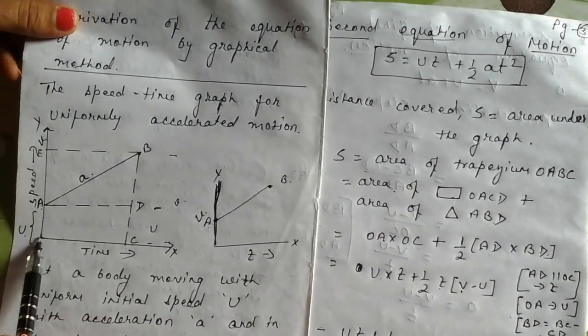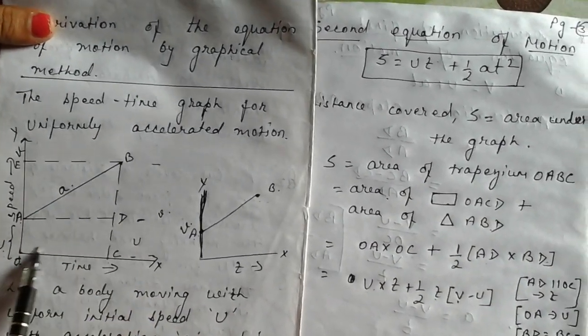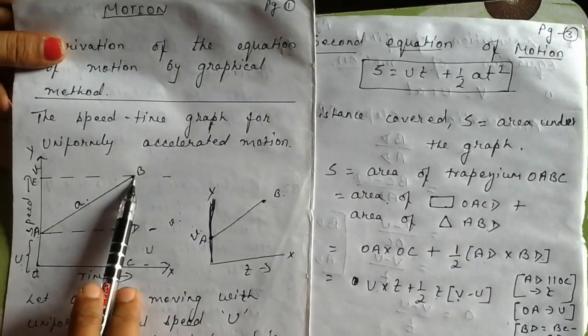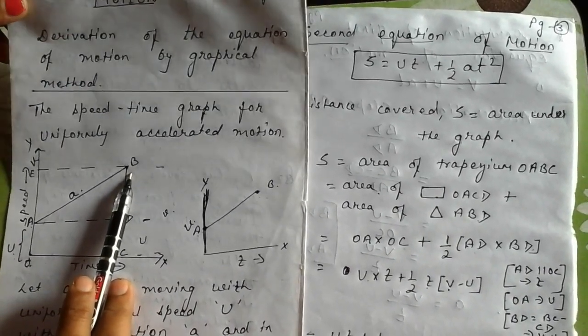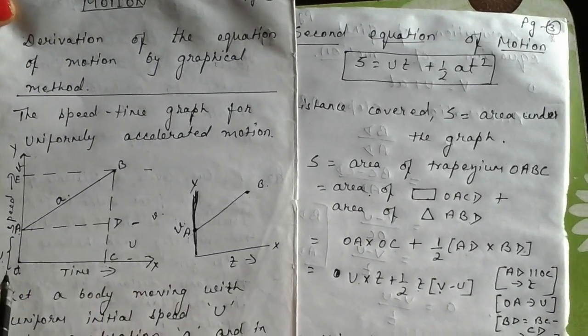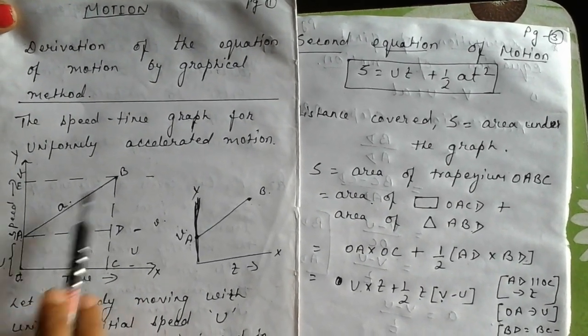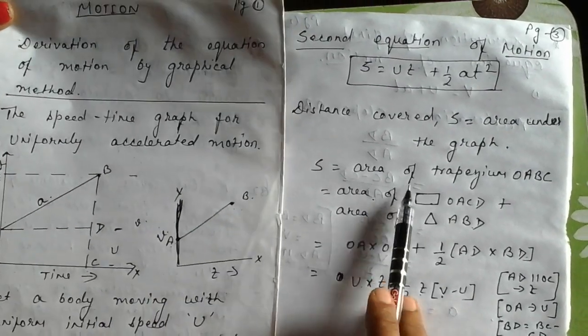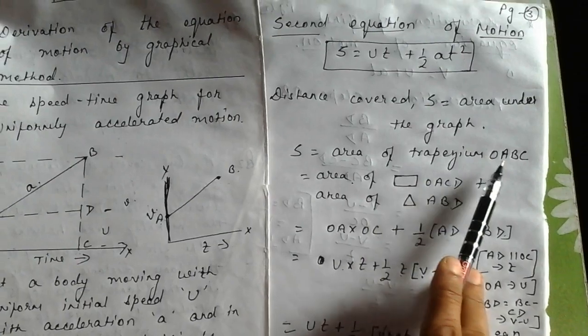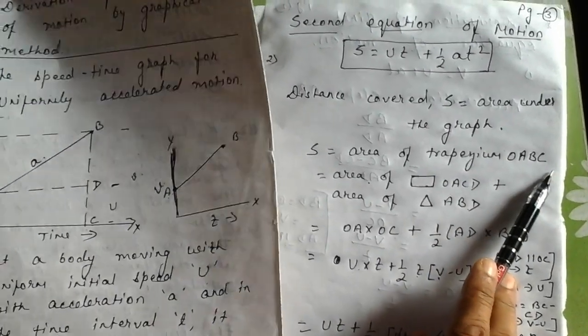This total area under the graph goes from the initial position to the final position. Always take care of the initial and final positions. So the area under the graph, OABC, is a trapezium.